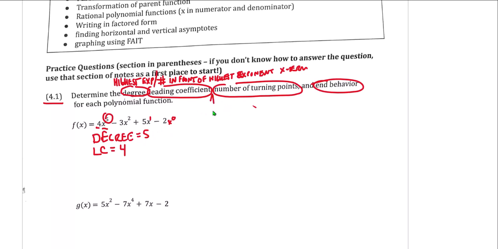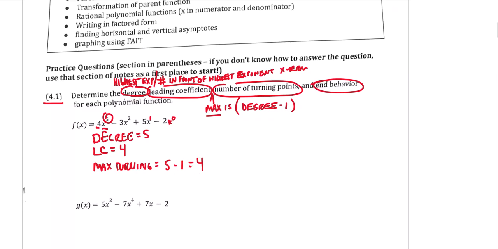The maximum number of turning points of any polynomial function is your degree minus 1. In this case, the max turning points is the degree minus 1, 5 minus 1, which is 4. That's the maximum number of turning points.